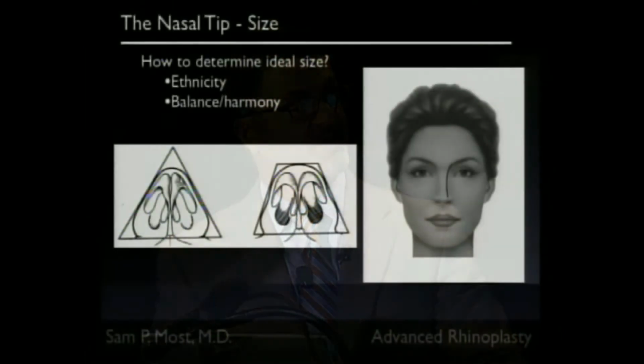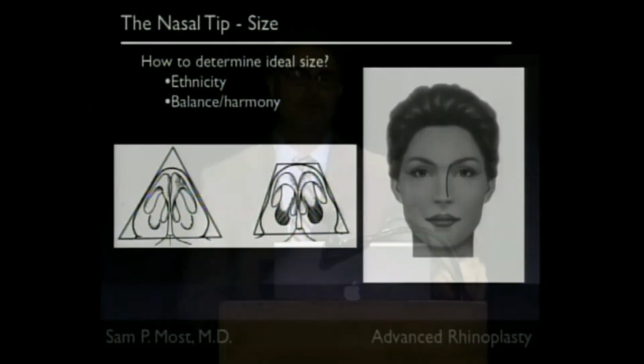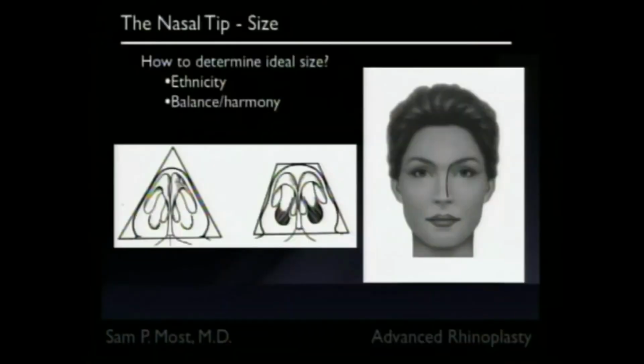What about nasal size? The ideal nasal size will be affected by ethnicity, and achieving balance and harmony for the face. If somebody has a round face, giving them a very thin nose can look very strange. Likewise, someone with a very thin face with a very round nose looks out of balance. This is what we mean when we talk about balance and harmony in the nose.